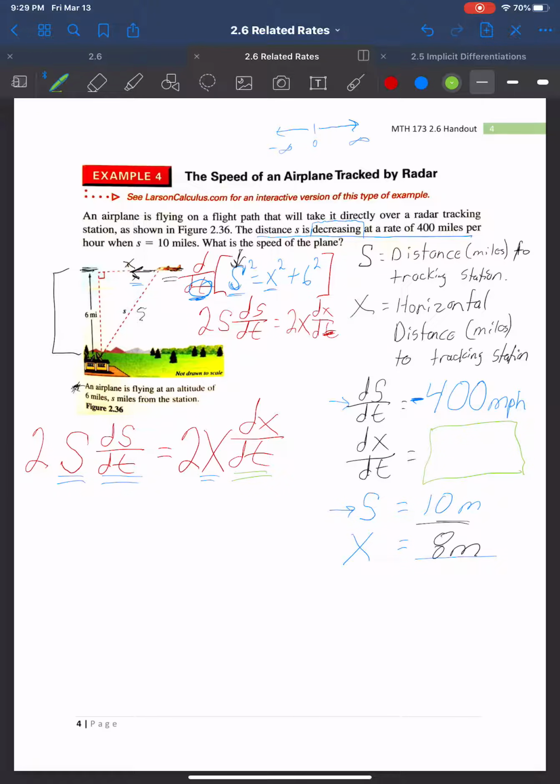Ready? So let's go. Let's start plugging in. So 2 times, let's put a 10 here. And times, let's put a negative 400 here, is equal to 2 times, well, let's put an 8 here. And we want to be able to find dx/dt. So no problem.